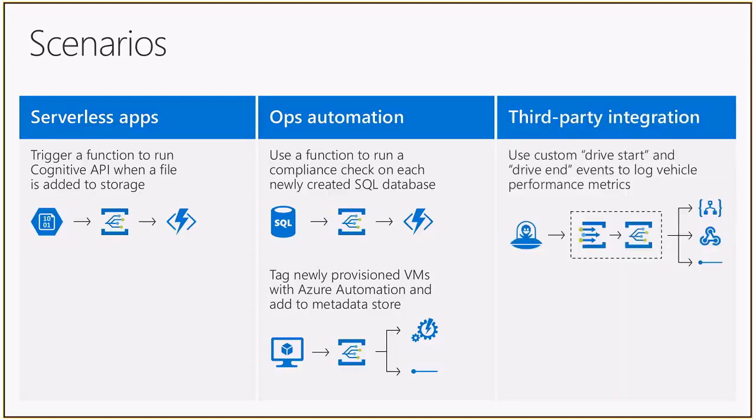Also, in terms of third-party integrations, let's say we have a connected car or vehicle performance metrics project, where the moment a car drive starts or ends, we push the message to Azure Event Hub. Event Hub pushes the notification to Event Grid, and we have various event handlers subscribed to that event.